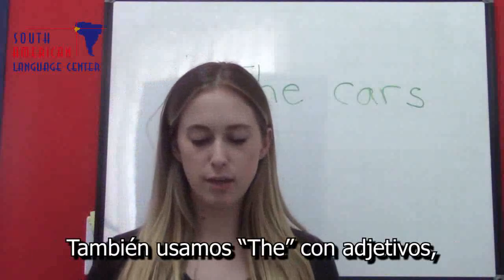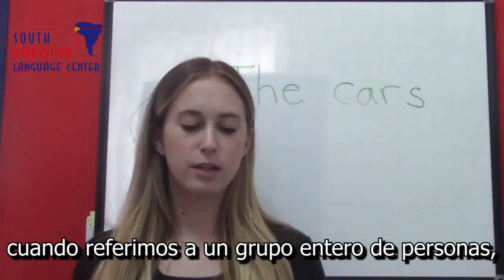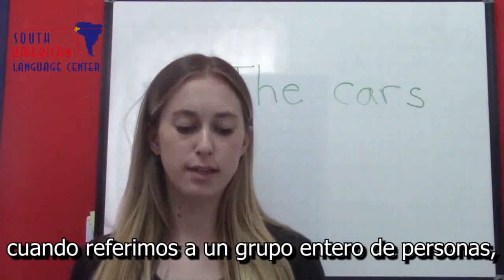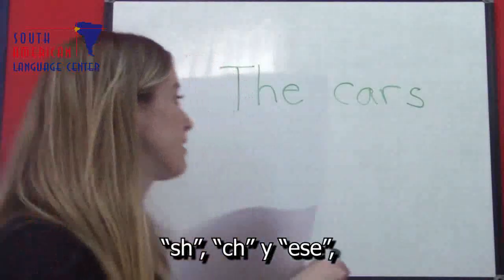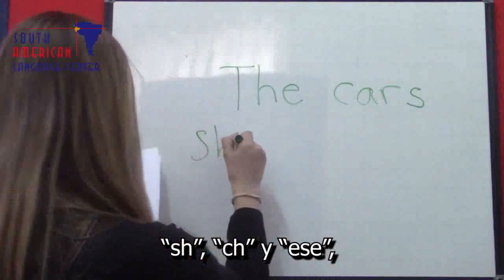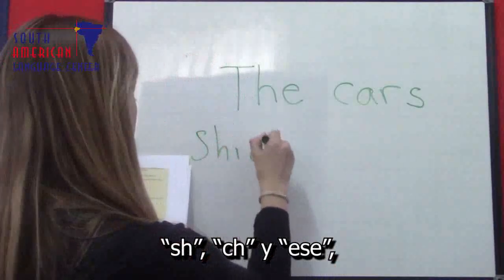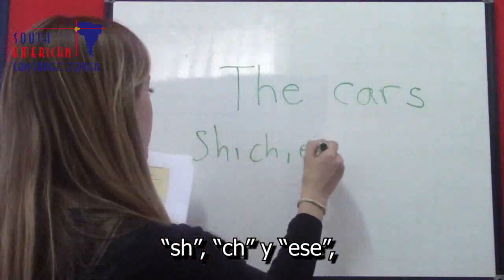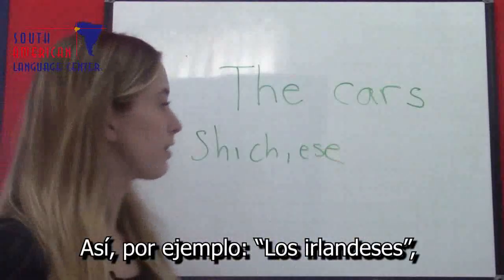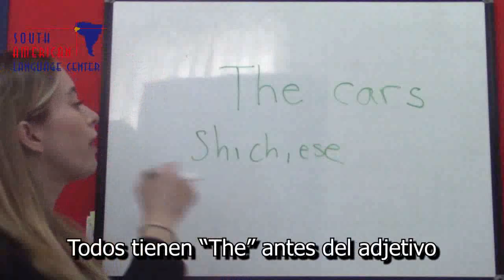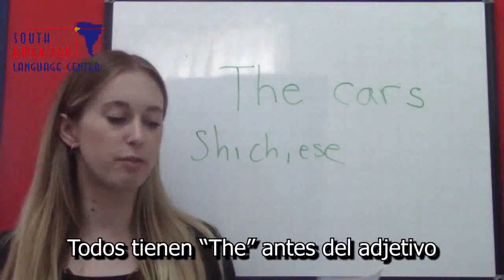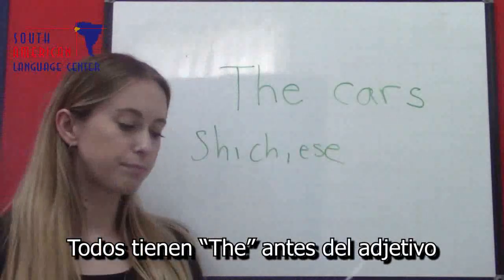We also use the with adjectives when we refer to a whole group of persons, families, or nationalities ending in sh, ch, and ese. So for example, the Irish, the Dutch, and the Chinese all have the before the adjective.